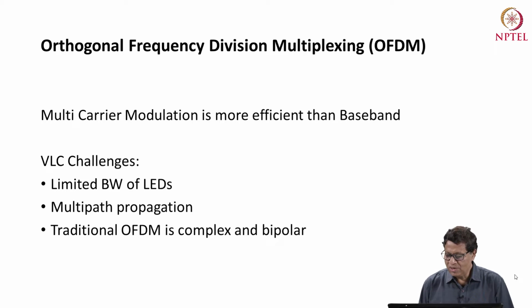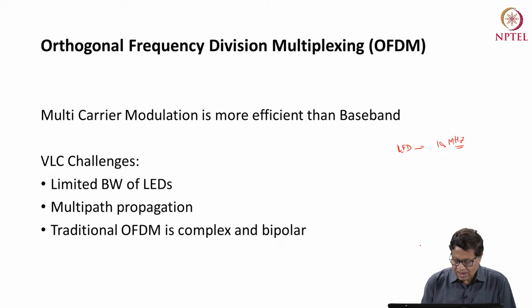And we already know that LEDs have very limited bandwidth. The commercial LEDs, which are generally used for illumination, have a very limited bandwidth of the order of tens of megahertz. In order to get a high data rate, we need advanced modulation techniques. So OFDM is one option.